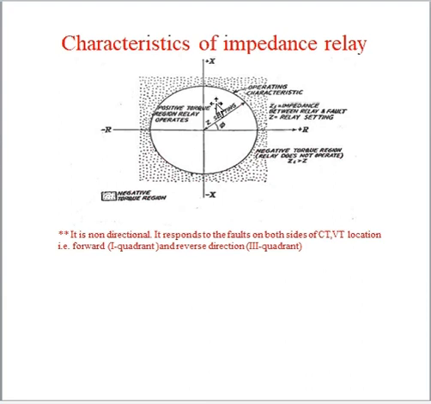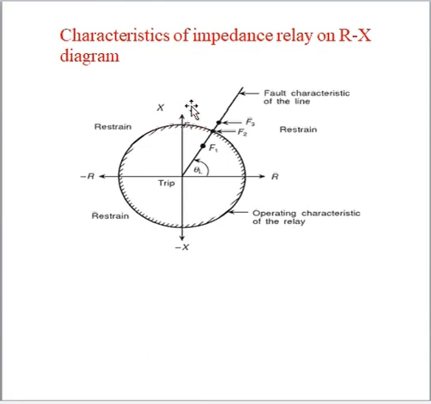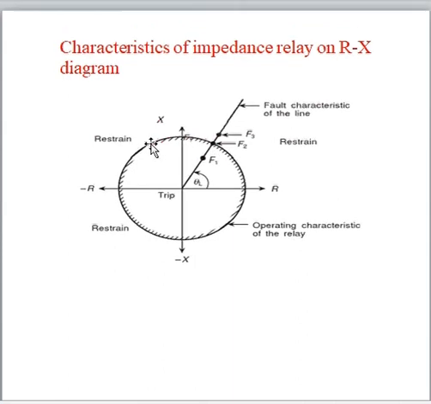Okay, if inside the circle, then the relay will operate; outside the circle, the relay will not operate. Next you can see the fault characteristics of the relay. If the fault is F1, then the relay will operate, F3 means the relay will not operate, and F2 means the relay is in threshold condition.